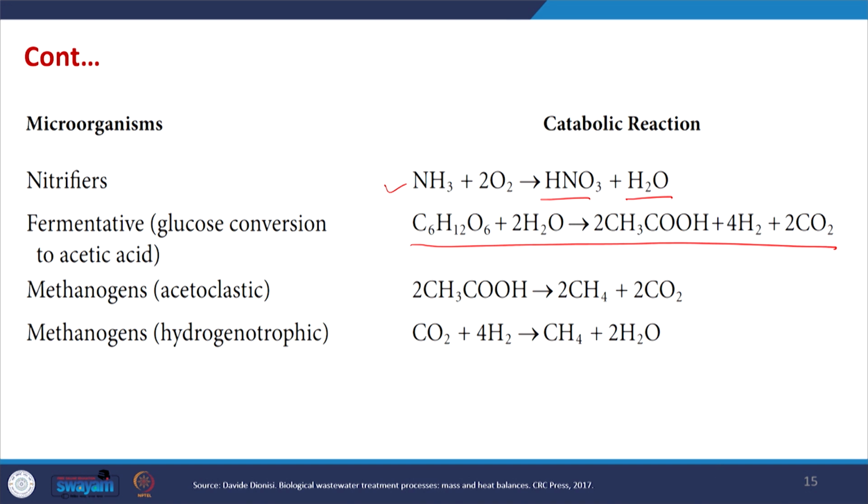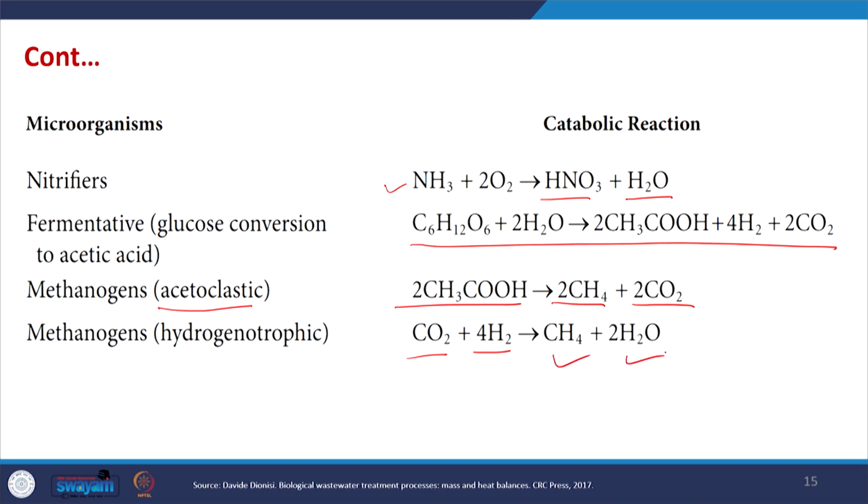In another reaction, under acetoclastic methanogen conditions, methane is produced along with CO2 from acetic acid itself. In the hydrogenotrophic reaction, hydrogen is used along with CO2 to produce methane and water.